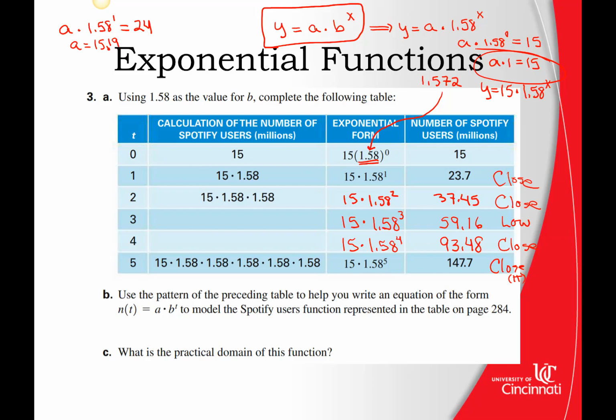Now, this may be a surprise to you, but when you actually get into mathematics and start working with real world stuff, there is no one right answer. The only place you get one right answer is in arithmetic and algebra.